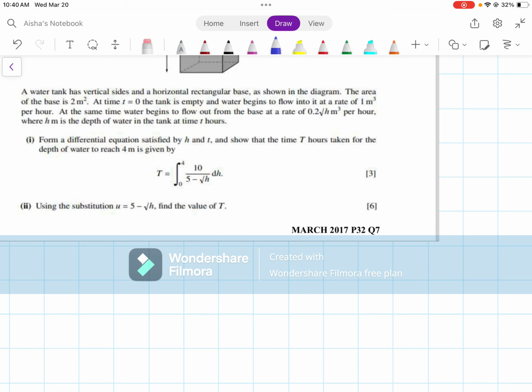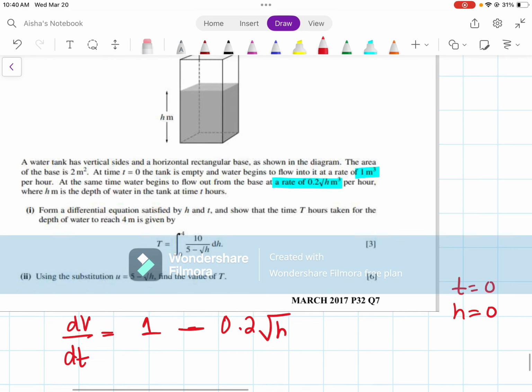The tank is filled at a rate of 1 meter cube and flows out at a rate of this. That means dV upon dt is inflow minus outflow. And the time taken is this. When time is 0, the height is 0. And nothing else is given.